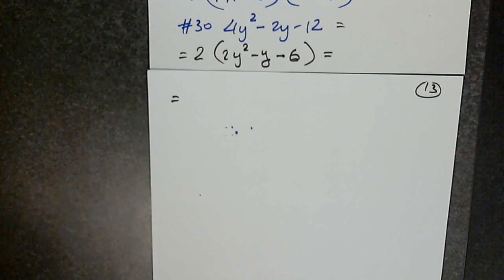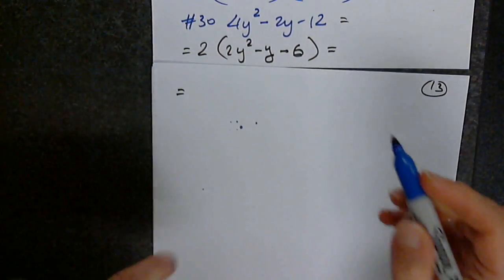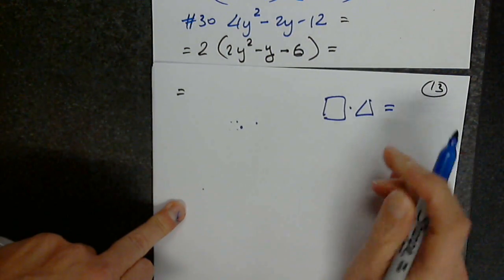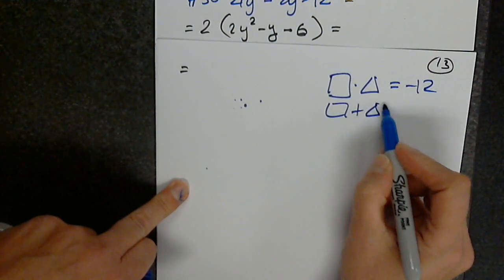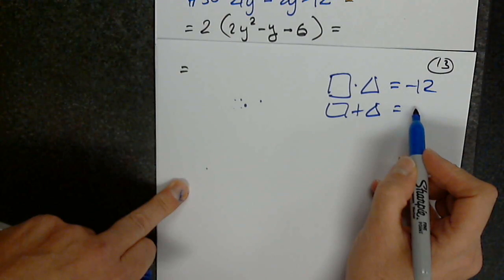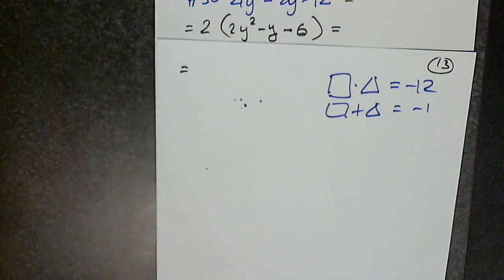I wish. So then I need to find two numbers whose product is -12, very good, and whose sum is -1. Nick, do you feel a little bit better about this or not yet? Okay. So can we find two numbers whose product is -12 and whose sum is -1? -4 and 3.